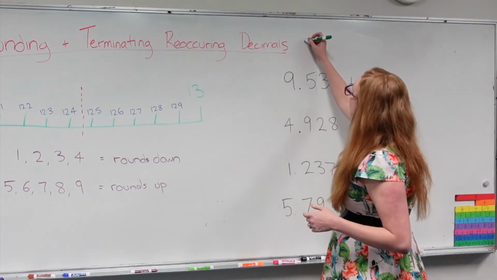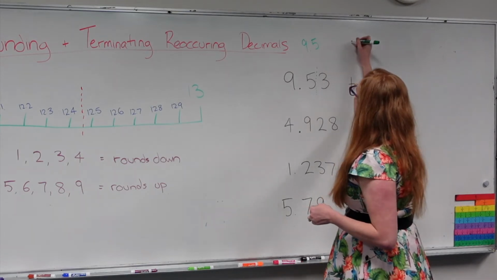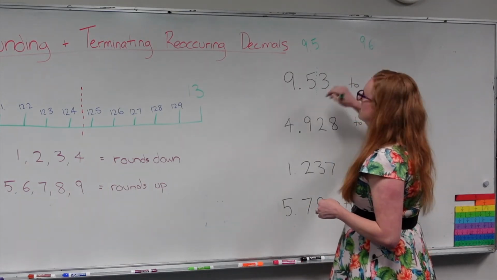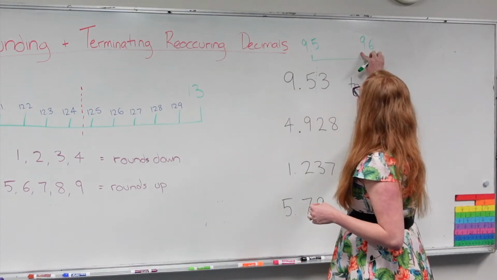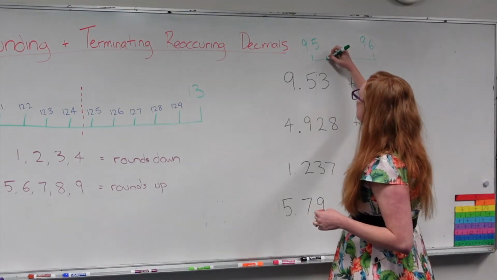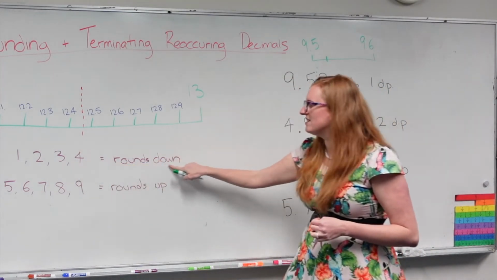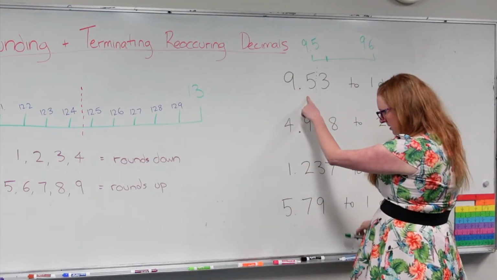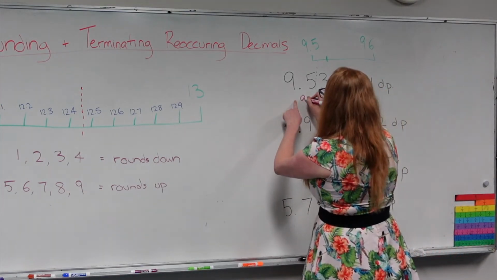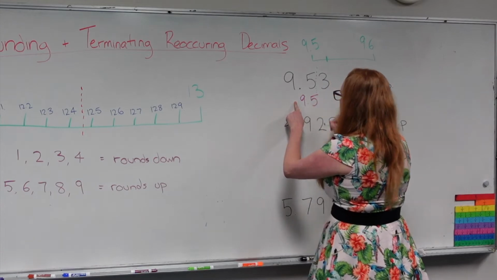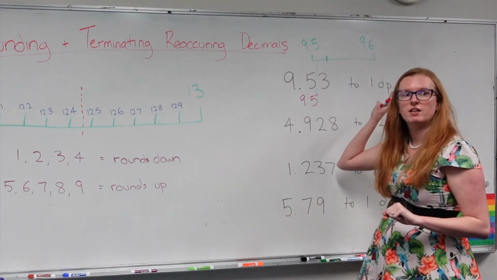I want to figure out whether this number should turn into 9.5 or 9.6, because it's sitting between those 2 numbers. If I had a number line, 9.53 would be sitting somewhere here. So 3 rounds down, which means this number becomes 9.5. This number doesn't change. I'm just dropping the 3 off the end.